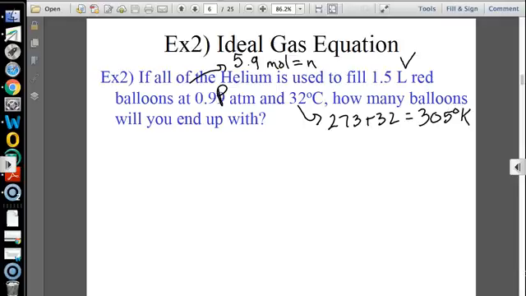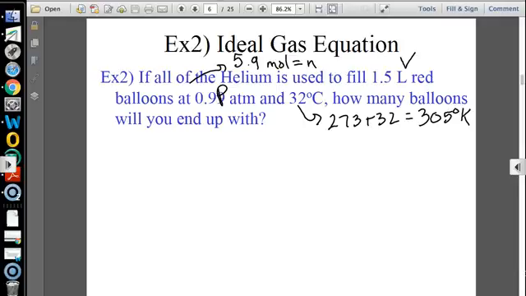No. So basically, what this question is saying is, if you have all these little red balloons that are 1.5 liters, excuse me, I think this will make my point.